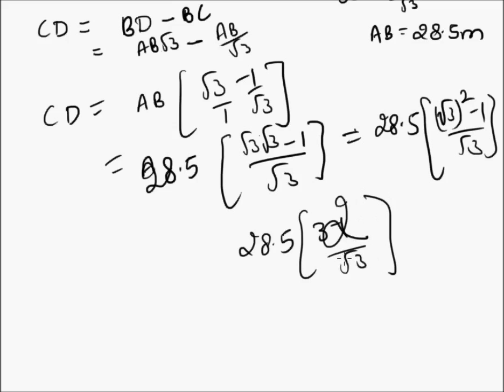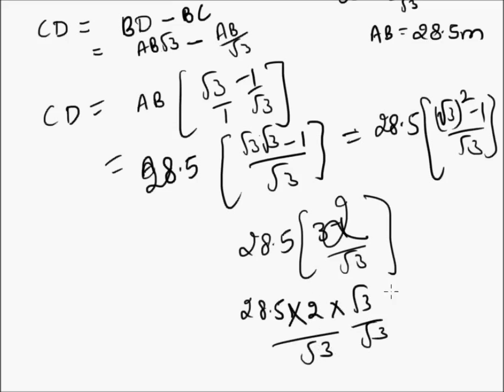Now since it is an absurd form, rationalizing the denominator part, we will simply be multiplying and dividing by under root 3. So it will give us 28.5 into 2 into under root 3 over 3.